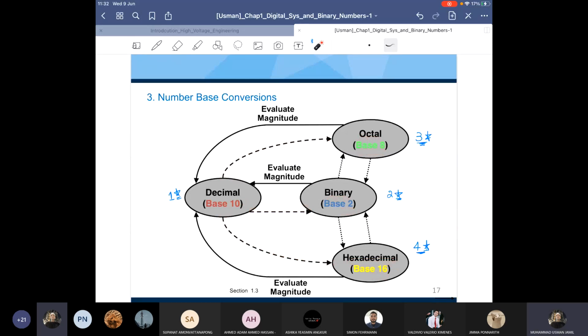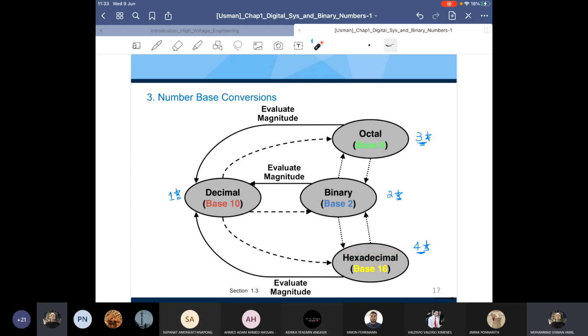Next, this is the octal number. Maybe we can go to binary first because it is number two. So binary again, we can do three things. We can go from binary to decimal, binary to octal, and binary to hexadecimal.